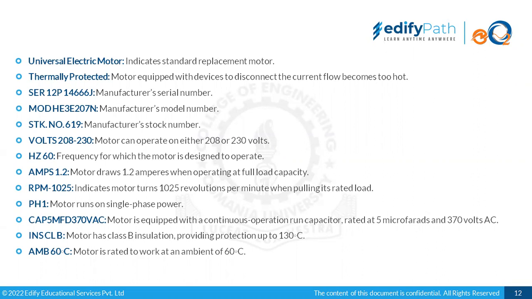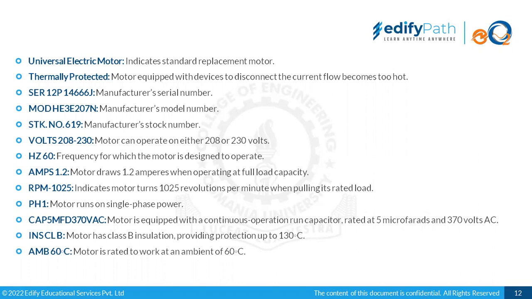So 208 to 230 volts are the safe levels of voltage where it could function. Then the frequency it is designed for, then the amperes it draws at full load capacity, then the RPM at which it would be rotating.